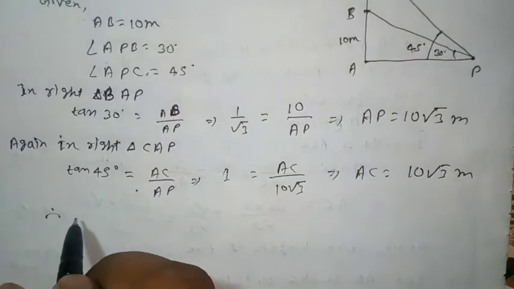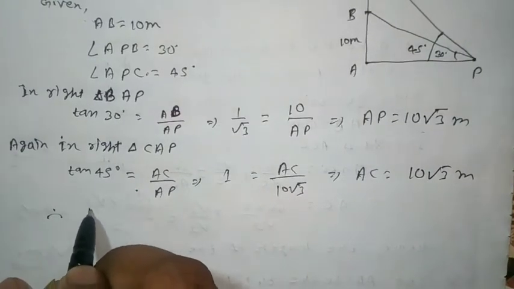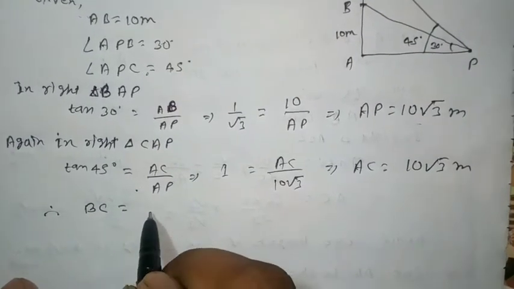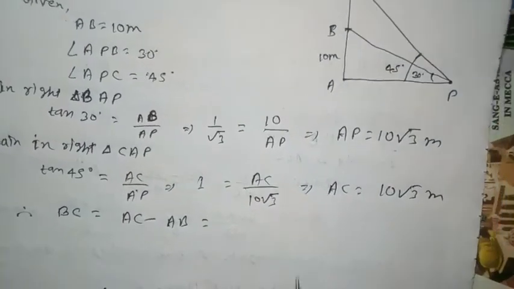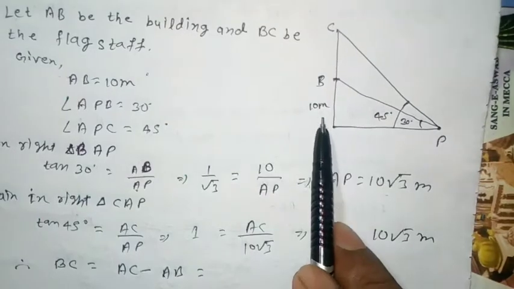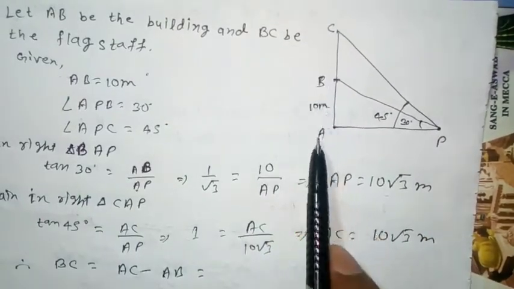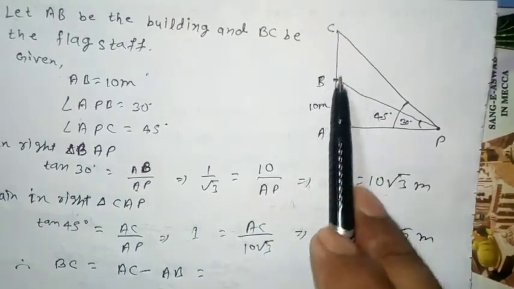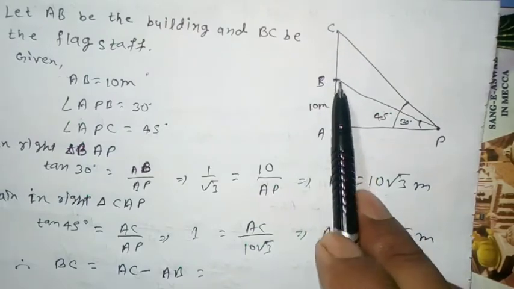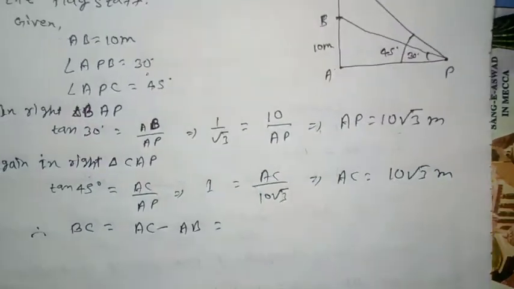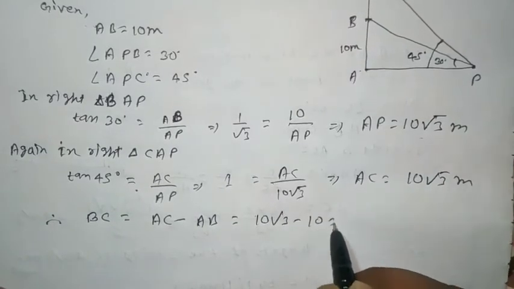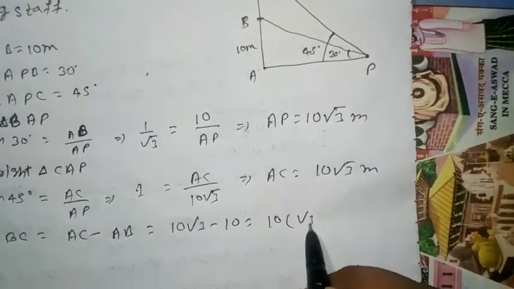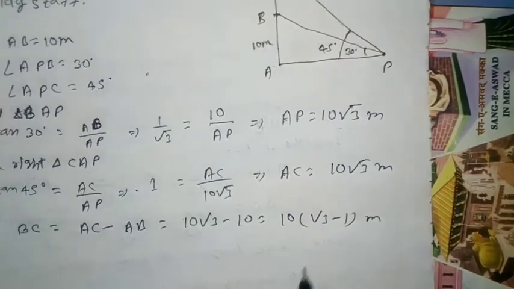Therefore BC is equal to AC minus AB. From AC we subtract AB, then we get BC. So 10 root 3 minus 10. 10 is common, then 10 into root 3 minus 1 meter.